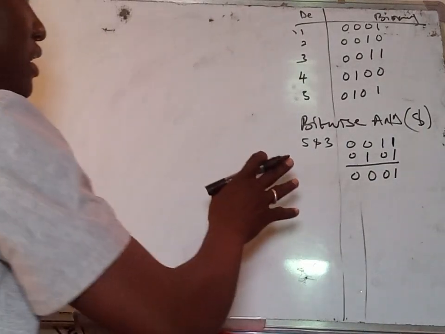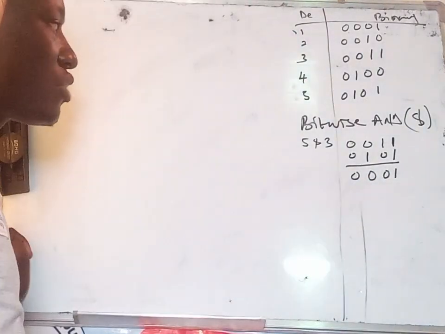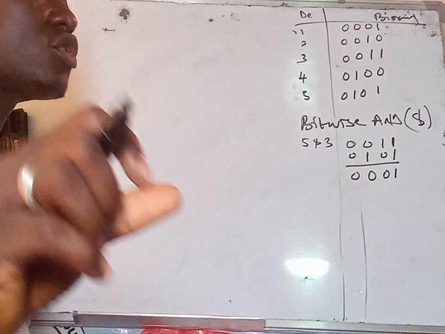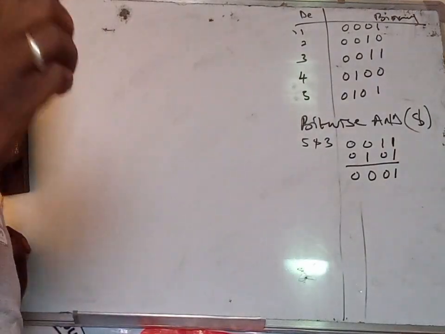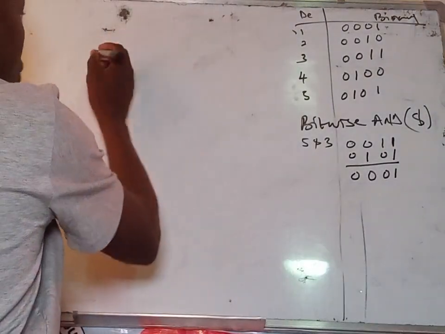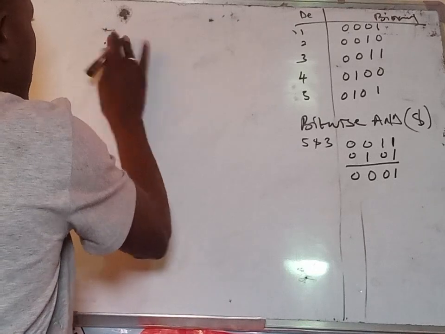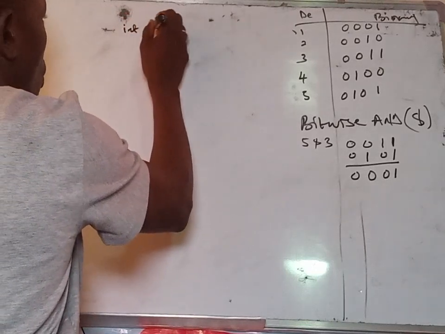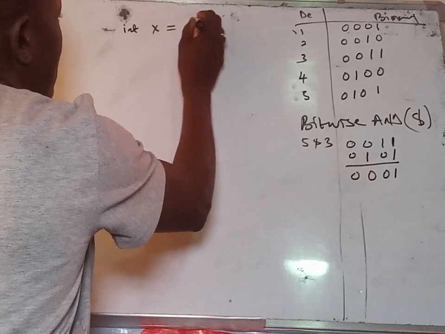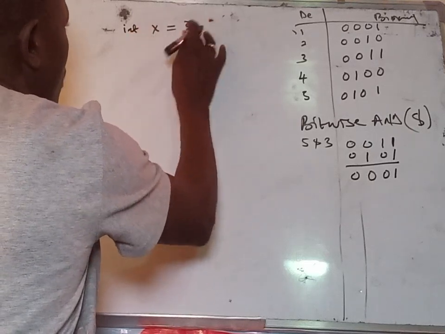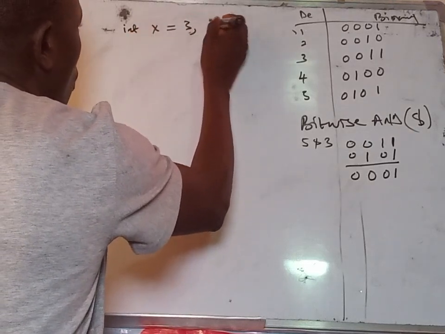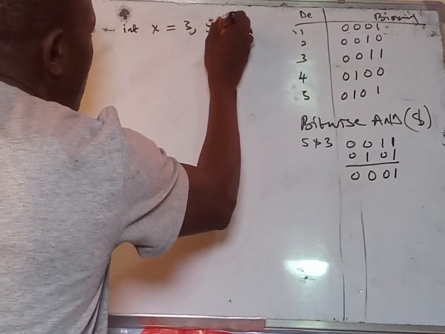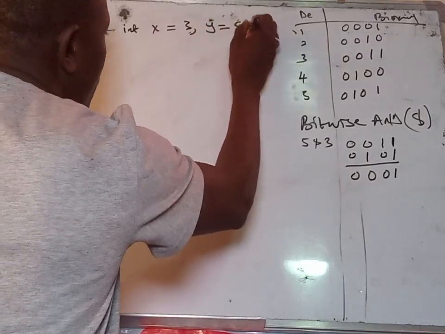We said these bitwise operators carry out operations on the bits of data types. So we declare int x as 3, and again we declare y as 5.